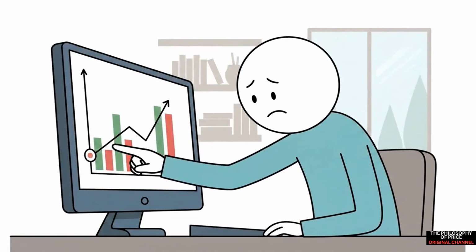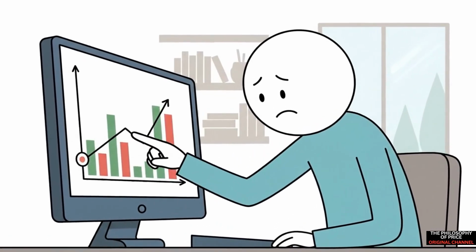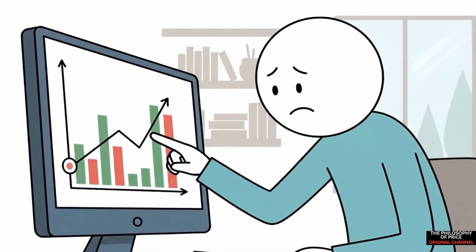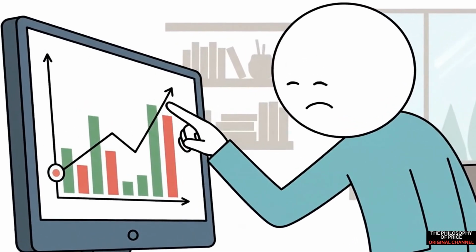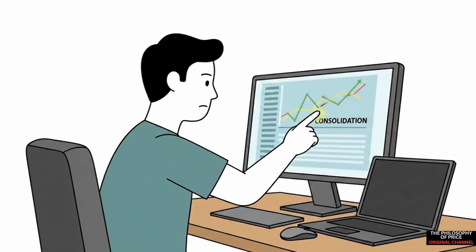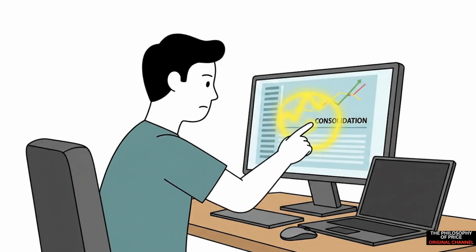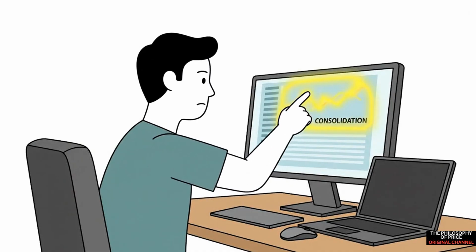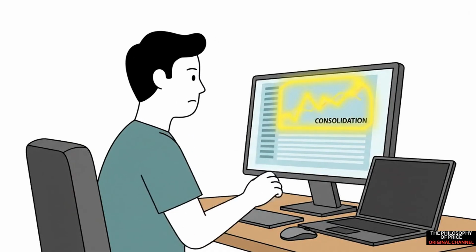Next, for step 2, you must trace the price action back to its very origin point. Pinpoint precisely where this powerful move was initiated. Focus on the foundational area, typically a period of consolidation or a brief pause immediately preceding the explosive displacement.